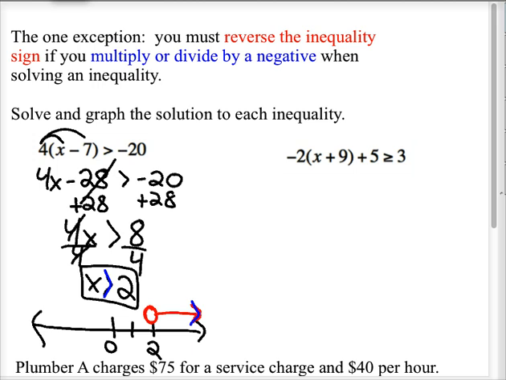So let's look at our next one. So again, I see something that can be distributed. So that's going to be my first step. So negative 2x minus 18 plus 5 is greater than or equal to 3. Now, I still see some like terms that I can combine. I can take that negative 18, I can add the 5 to it. Those are like terms. So I'm going to combine those two.